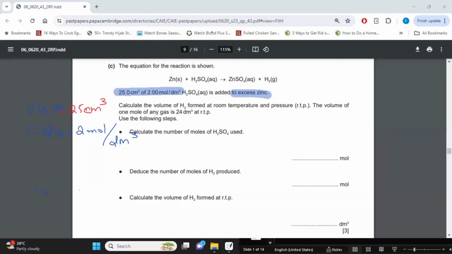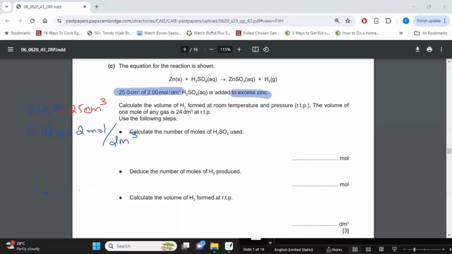We do not use the reactant that is in excess, because we have more than we require. Always use the limiting reagent, the one that is in less quantity for your calculations, right? So we do not need to worry about zinc. Why do we not need to worry about zinc? It's in excess. Then they're saying calculate the volume of hydrogen formed at room temperature and pressure.